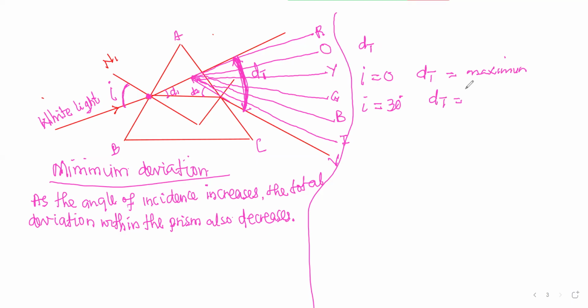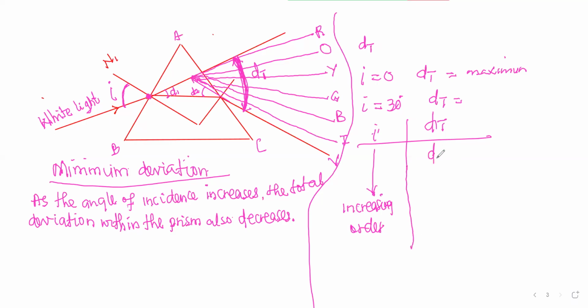If we increase I to 40, D total will be decreasing. So as I increases, D total decreases.